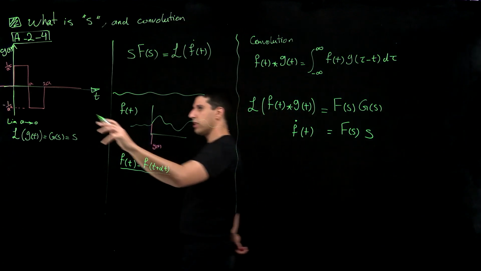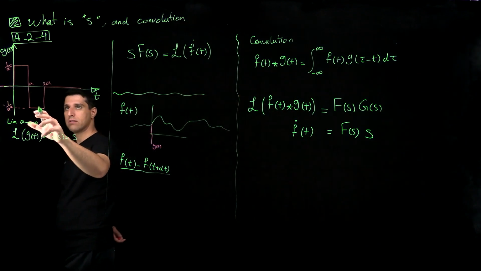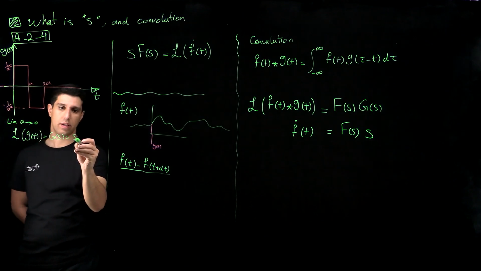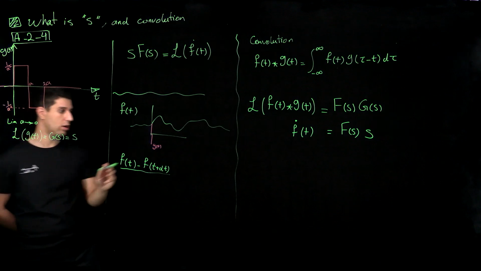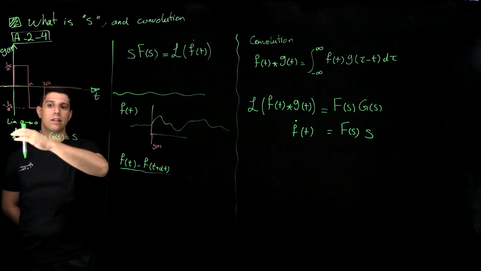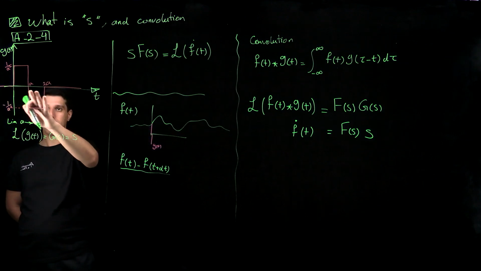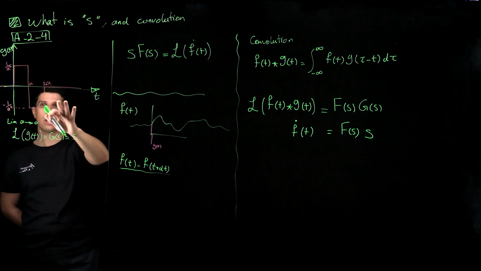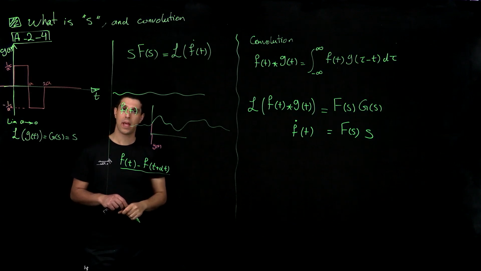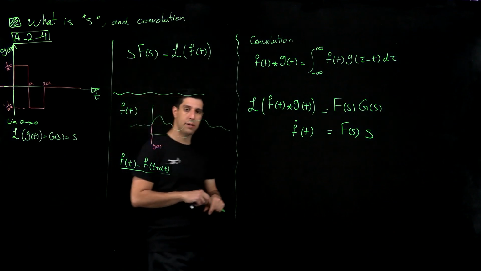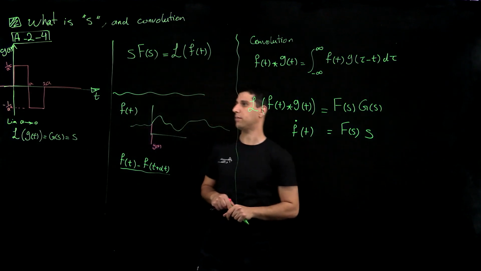So this function is not the only one that has Laplace transform of s. There are a lot of different versions, but this family of all those functions that look more or less the same are a form of filter.